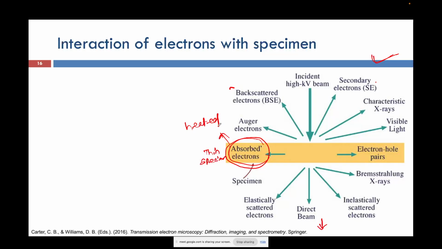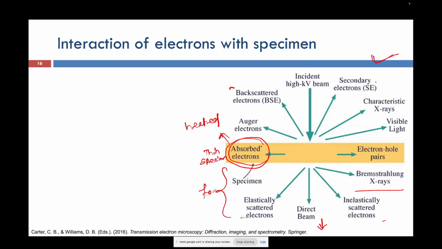And then Bremsstrahlung X-rays, inelastically scattered and elastically scattered electrons. All sorts of beams are generated when your incident beam interacts with your specimen. Based on what kind of information we want to see, we put our detector in a particular position, and the electron microscope gives us those features.